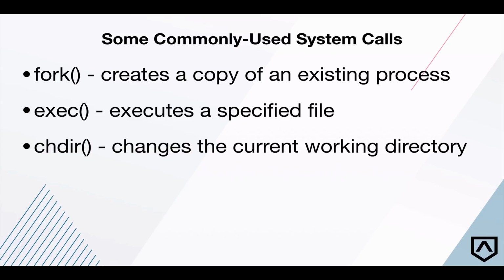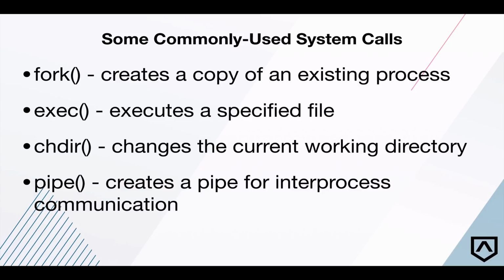And then lastly, there's this one called pipe, which is a way for us to set up communication between multiple processes. So if you recall from what we were talking about in the processes video, processes by default are isolated from each other and by default do not have any way to actually communicate with one another.